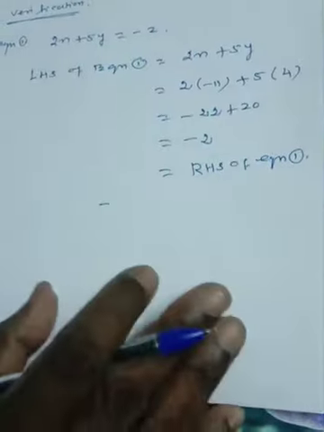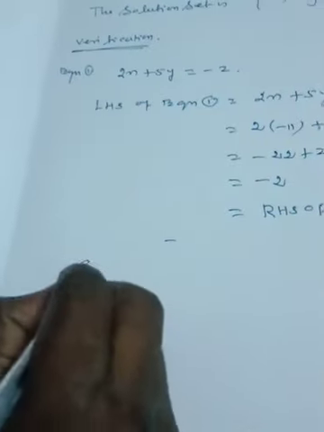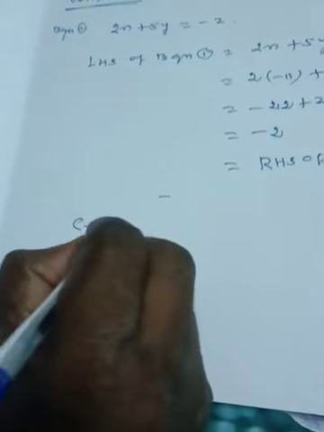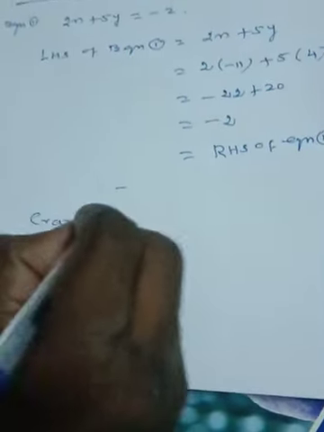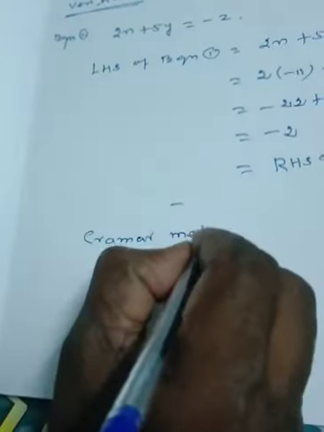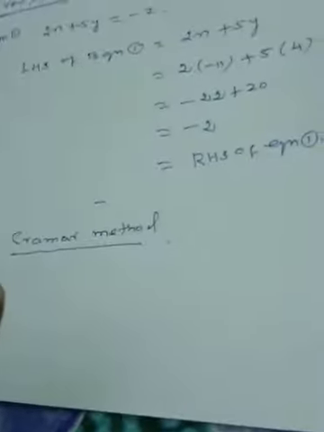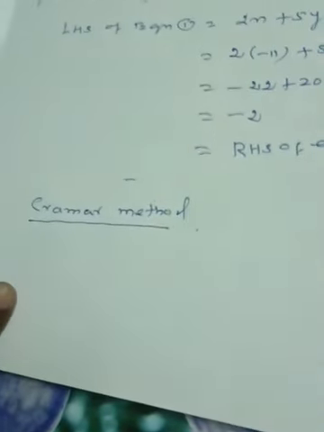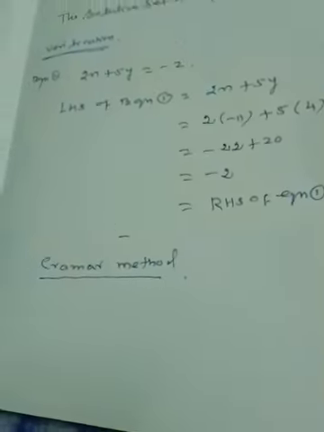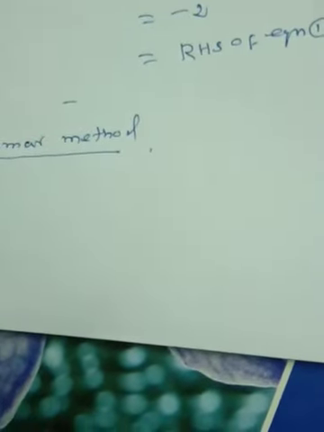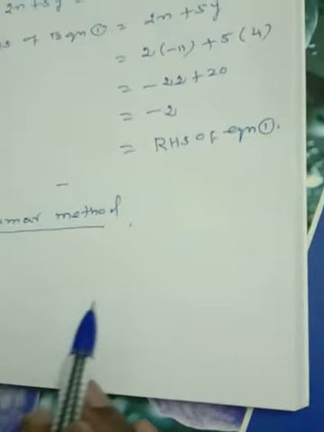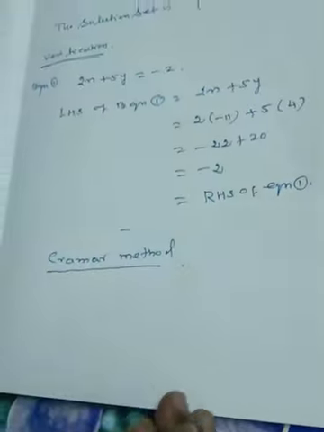Next, we are going to take Cramer's method. In Cramer's method, the same procedure applies, but the equations are two linear equations, or three linear equations.